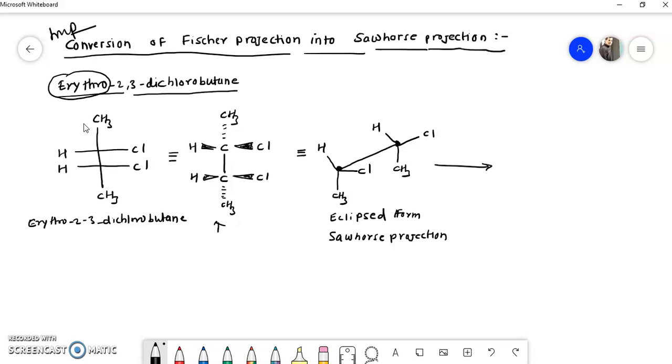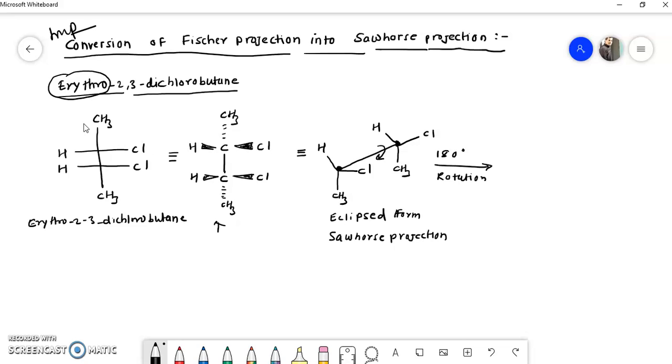Now keep this front carbon the same and just rotate this second carbon by 180 degrees. So, 180 degree rotation. You have to fix one carbon and rotate the other carbon, either one carbon atom you have to rotate.